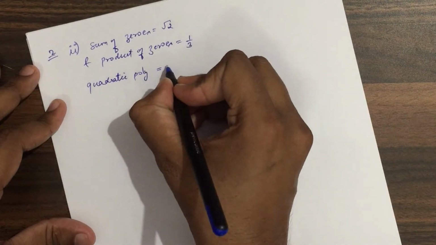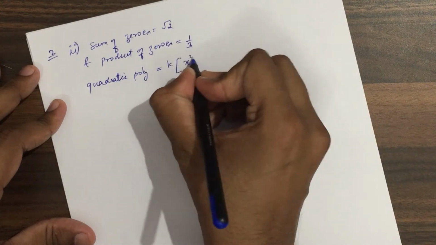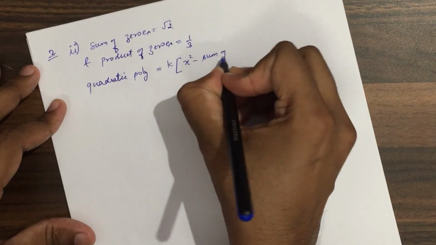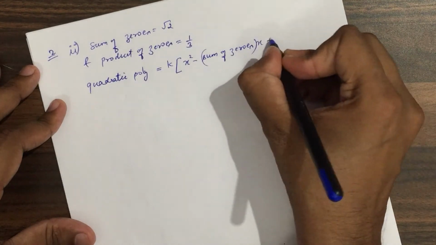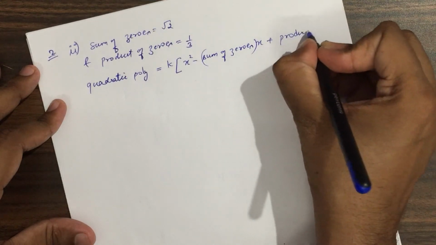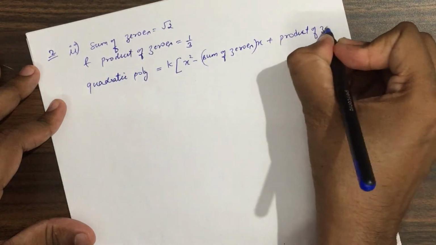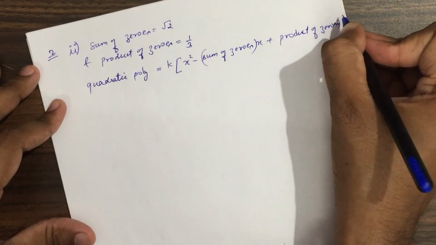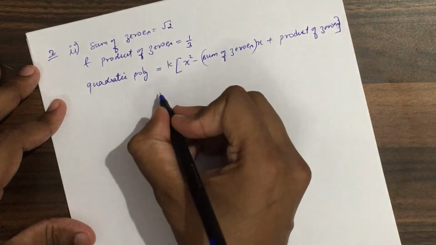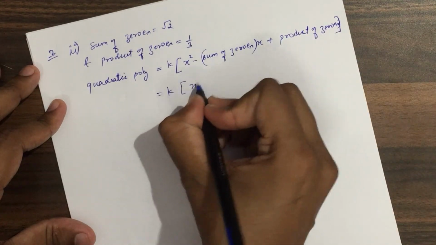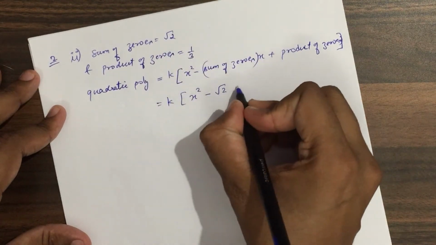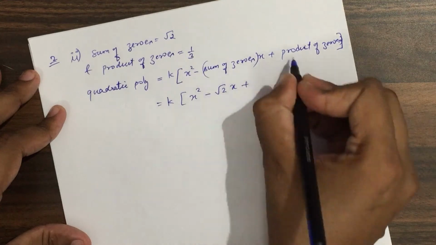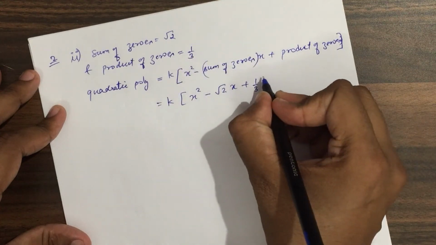So it will be k into x square minus sum of zeros into x plus product of zeros. So this is what you have to do. So k into x square minus root 2 x plus 1 upon 3.